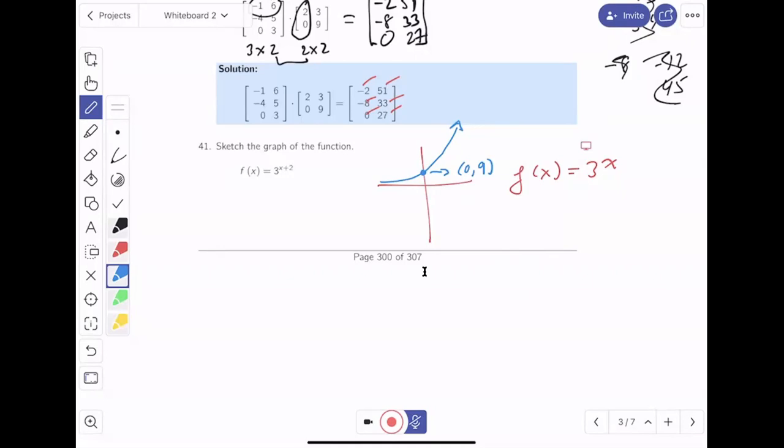I meant 2 units to the left. I'm sorry, I misspoke. 2 units to the left. So that would be minus 2, 9. I'm sorry about that. It's 2 units to the left.